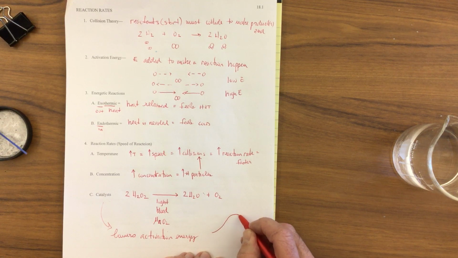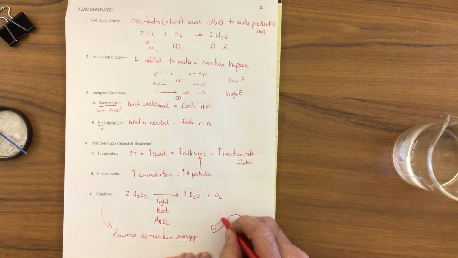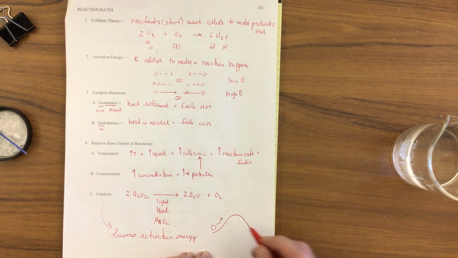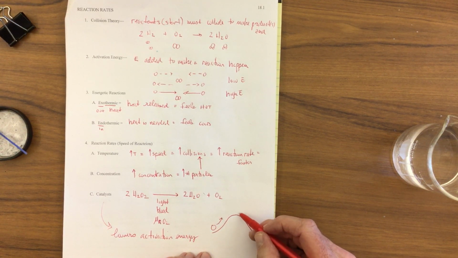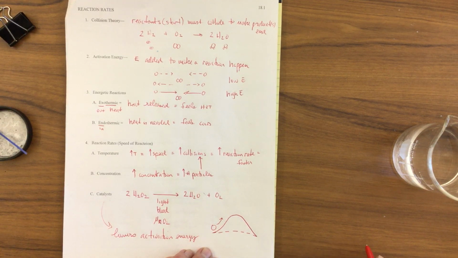So here's the activation energy. We're pushing this ball up like this, and when we finally reach the top, it's going to roll down, and then your energy will be released. So this hill is your activation energy. What a catalyst does is it makes this hill a little bit lower.